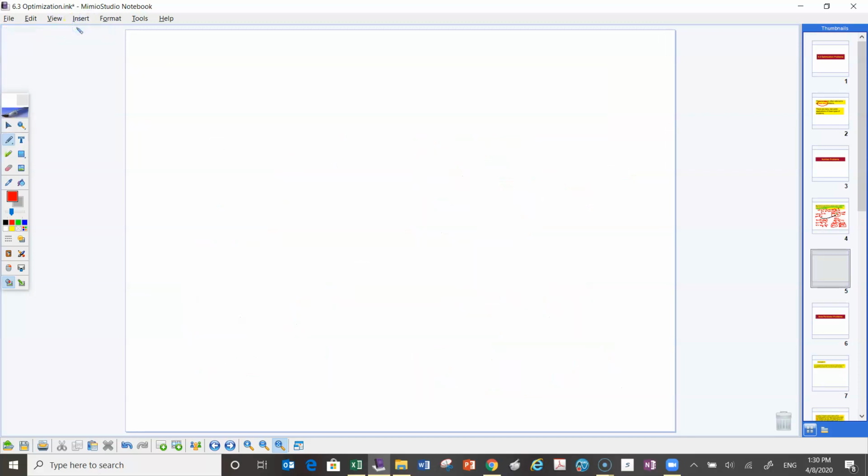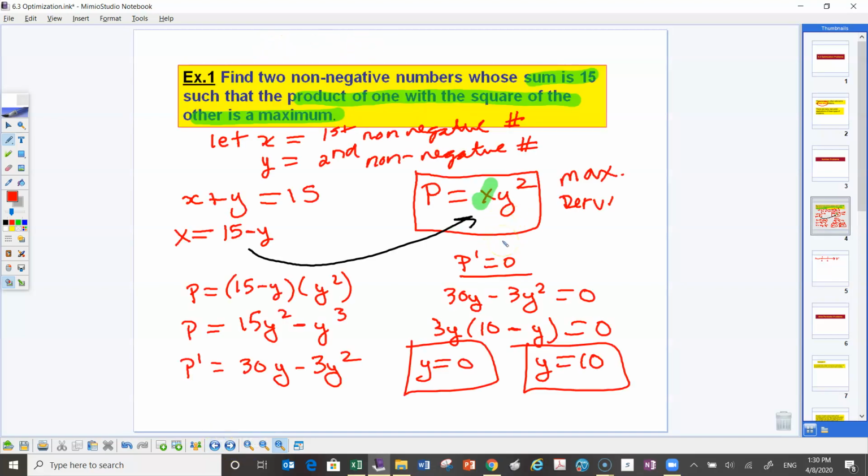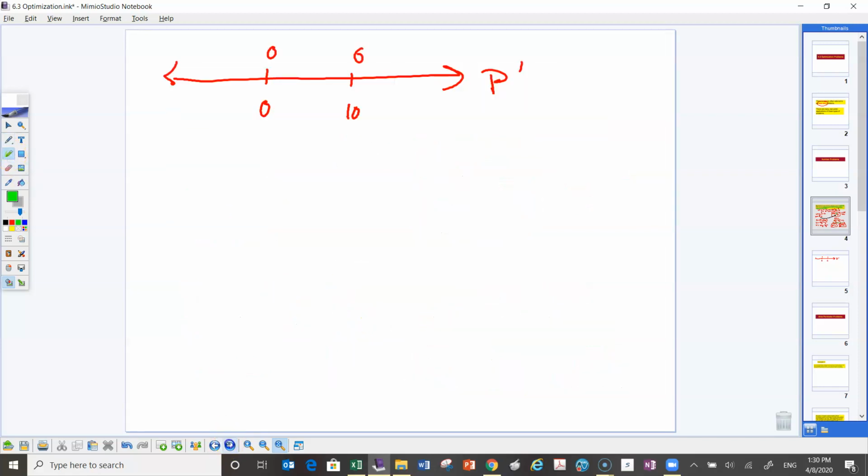Well, there's two ways we could do this. Number one, we could use our number line test like we did in the last chapter. I could take my two critical numbers and test them in the first derivative. The first derivative in factored form is right here. So I'm going to test numbers to the left of 0, like negative 1, then I'll test 5, and I'll test 11.